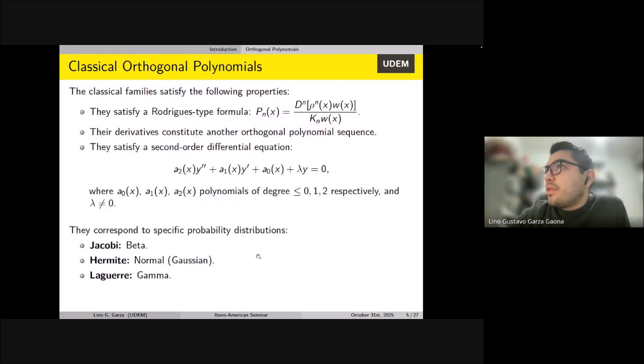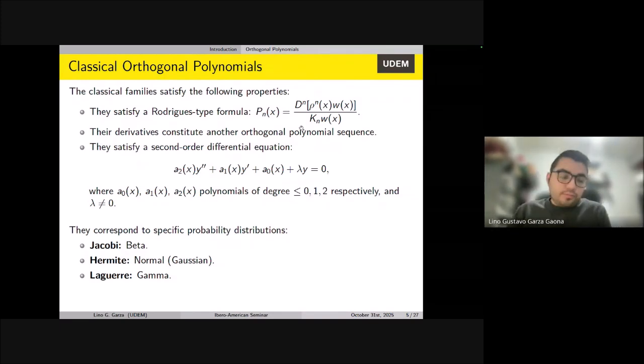They are important because they satisfy many properties. Some of the most relevant is that they satisfy a Rodrigues-type formula given here. Also, the derivatives of classical orthogonal polynomials constitute another family of orthogonal polynomials.